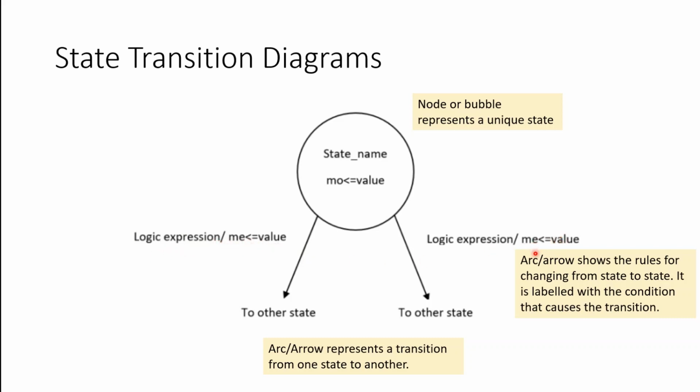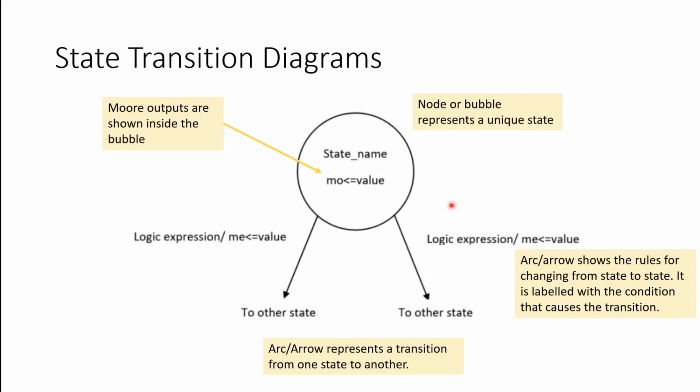All right, so reading this point here, the arc or arrow shows the rules for changing from one state to the next, and it is labeled with the condition that causes that transition. Those logical expressions are actually the inputs to this particular state which causes that change.